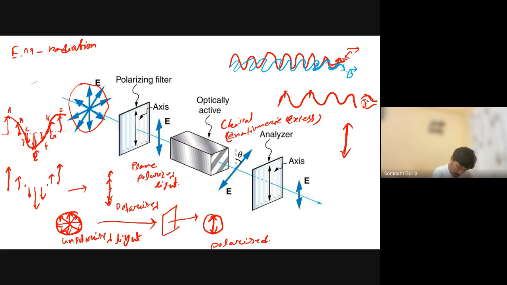So now the question is, why is this? Let's suppose we have a chiral molecule, and we have two isomers.